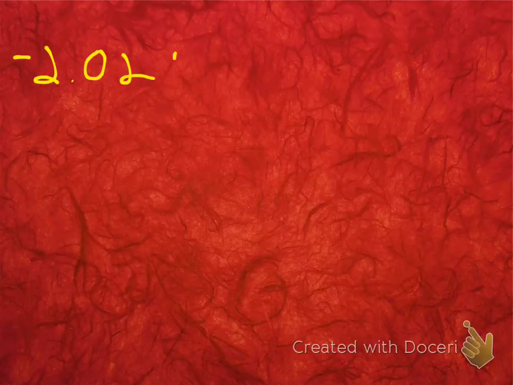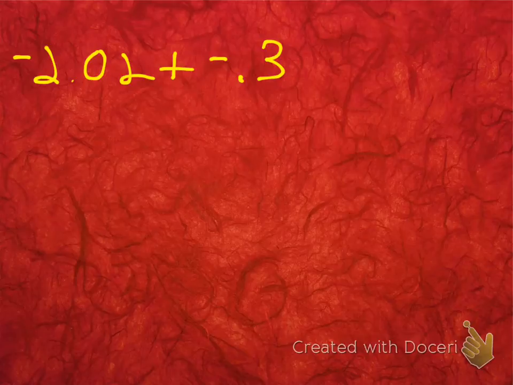So if I went negative 2.02 plus negative 0.3. Are the signs different or the same? They're the same, so what do I have to do? Add and keep the sign.